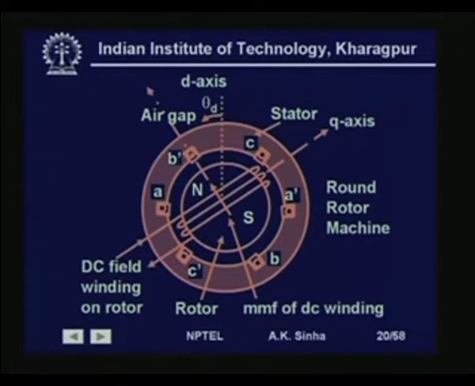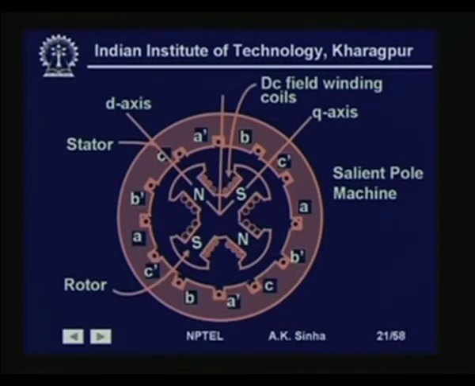Whereas the other kind of machine, we call them as salient pole machine. As you see here, the rotors are protruded from the center, they are coming out like this. So, in this machine the poles are salient, they are protruded coming out, and these machines therefore are called salient pole machines.